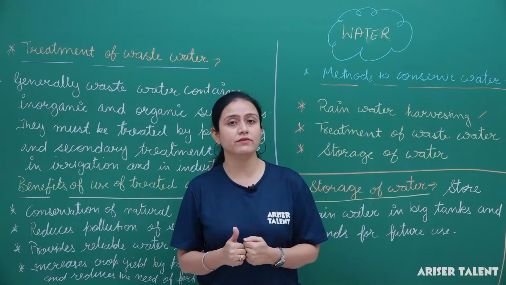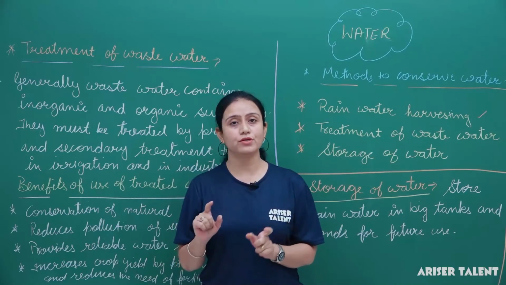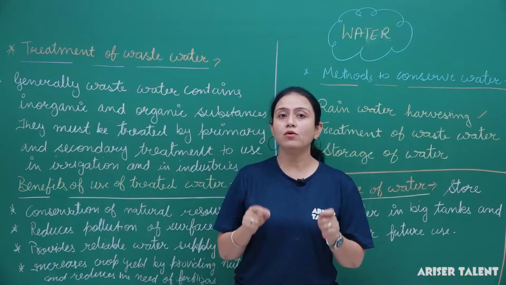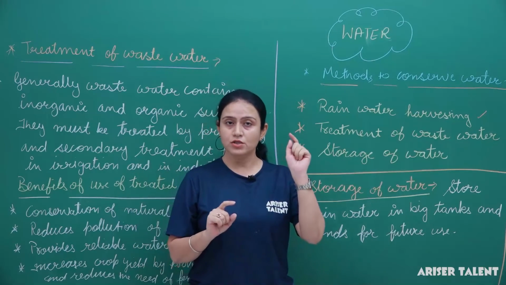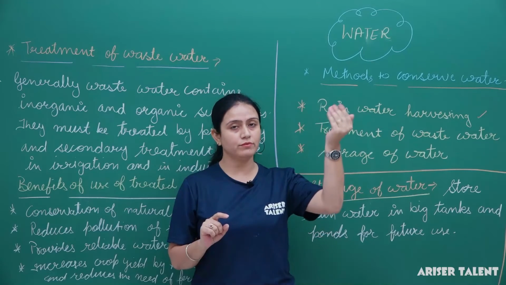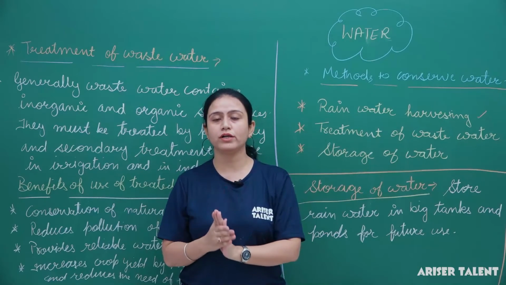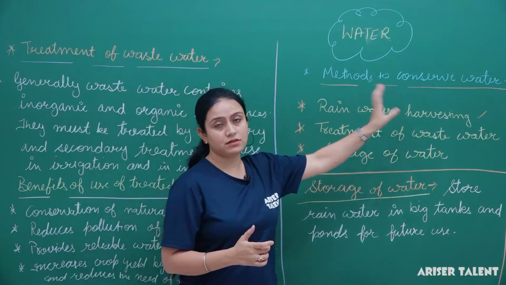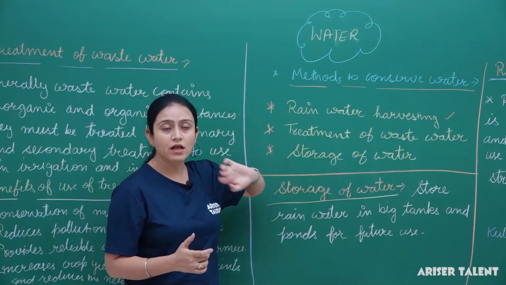Fresh water is obtained by precipitation, from the rains only. So we need to conserve rainwater by different processes. The first method of conservation is rainwater conservation or rainwater harvesting.